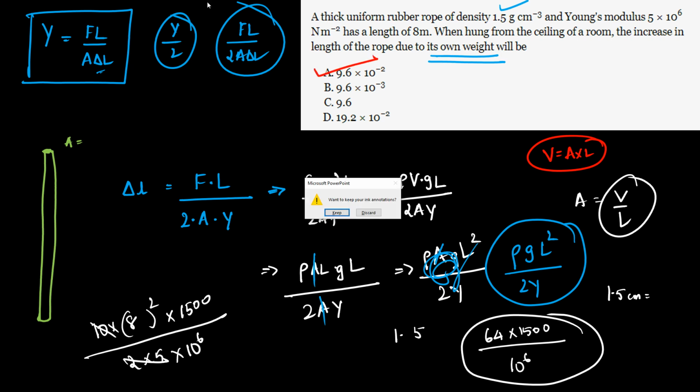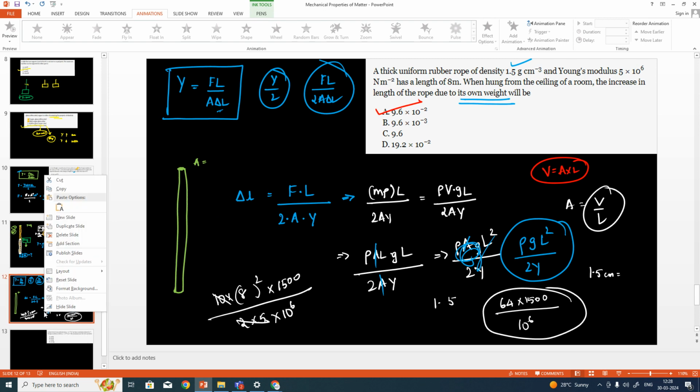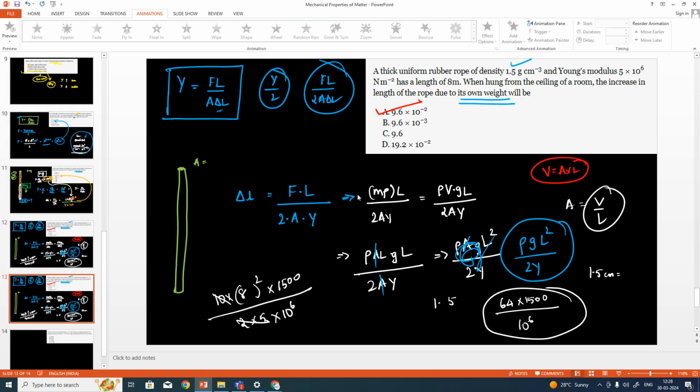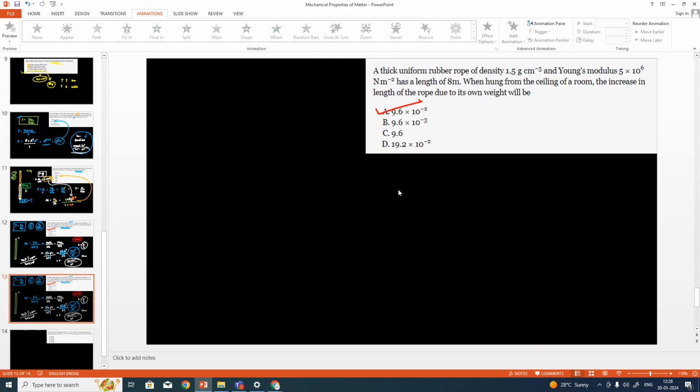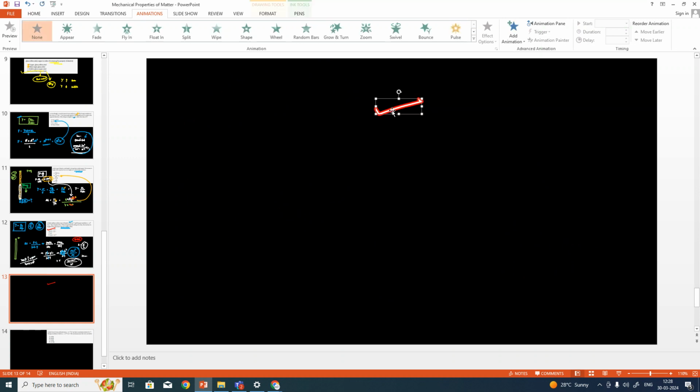Okay. Again, I will repeat this thing. The conversion from centimeter to meter, or centimeter cube to meter cube as well, which is very very important. 100 centimeter is equal to 1 meter.